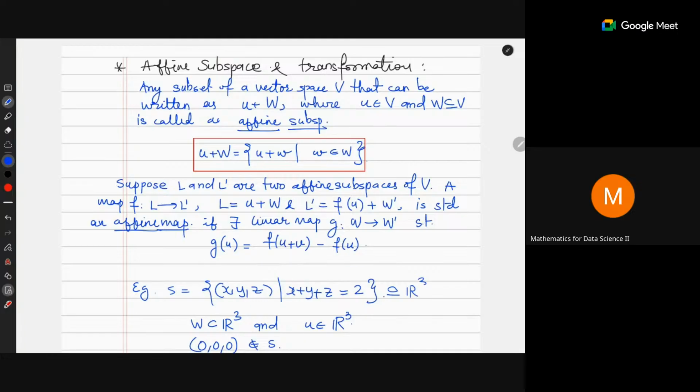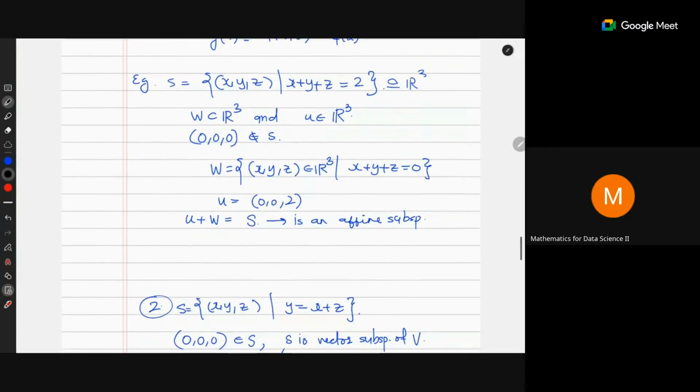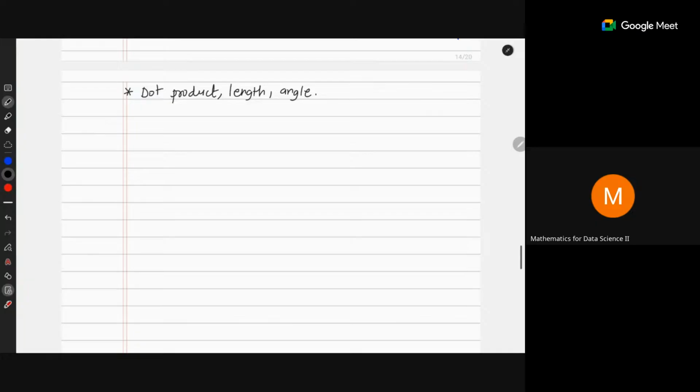This is the definition of an affine linear transformation. Okay, so now let's move on to dot products, length and angle in R2.